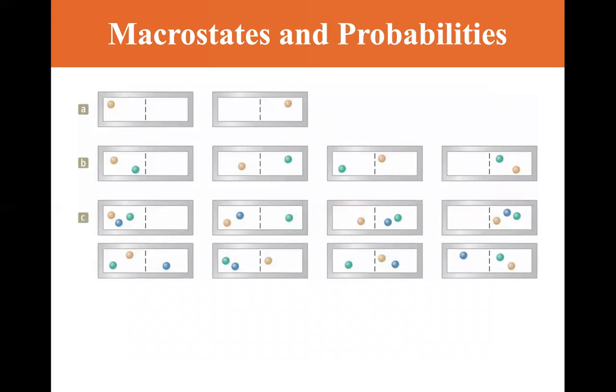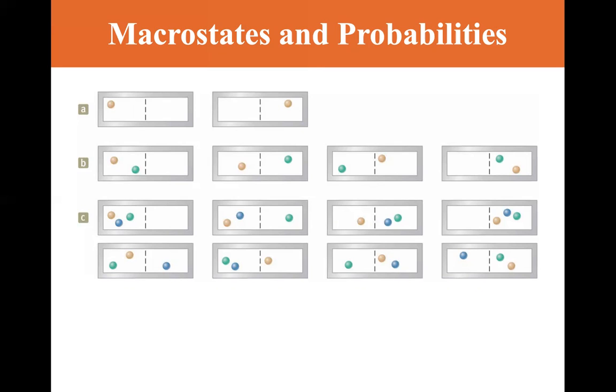Okay, let's look at macrostates and probabilities. The comparison between probabilities for various microstates involves relatively small numbers for dice and poker hands, but for a macroscopic thermodynamic system having approximately Avogadro's number of molecules, the ratios of probabilities can be astronomical.